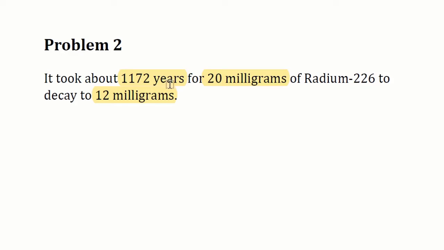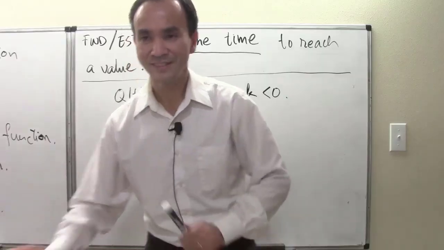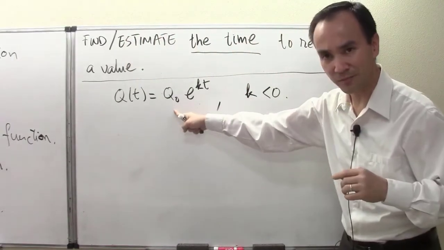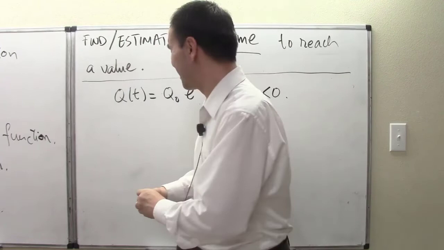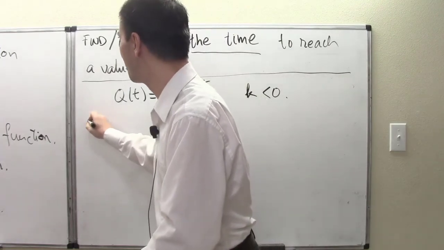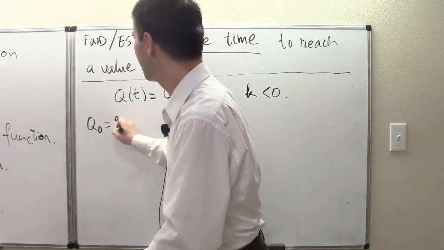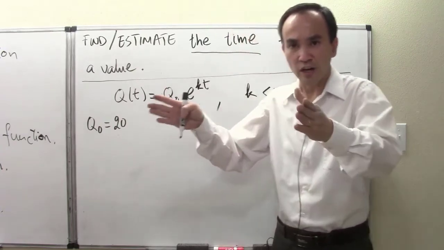All right. So in the way I see it now, Q sub 0, the initial amount, can simply be let equal to 20 milligrams, because that's how much we started out with.